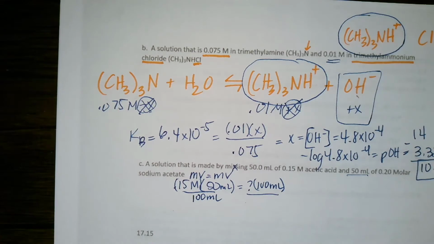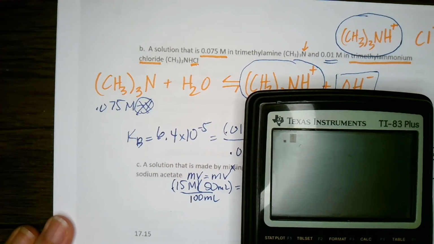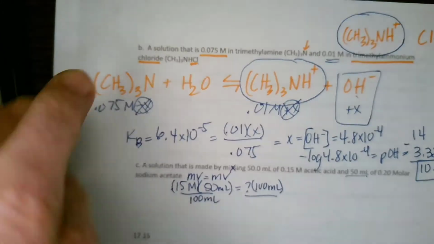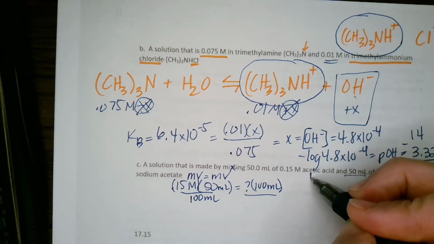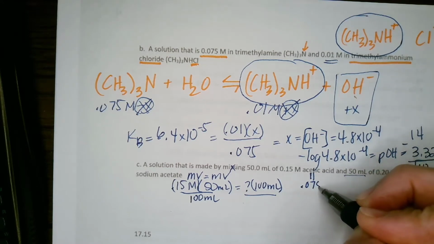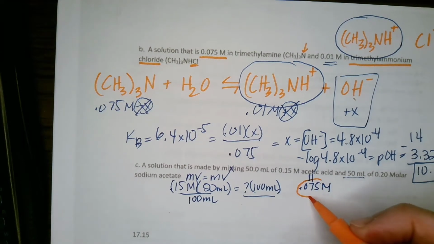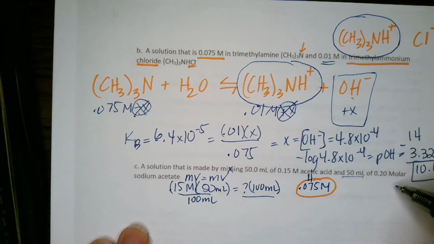So let's divide both sides by 100 milliliters to get my concentration of acetic acid. So let's do 0.15 times 50 divided by 100. We get 0.075 of my acetic acid, 0.075 molar. I'm just going to circle that here.